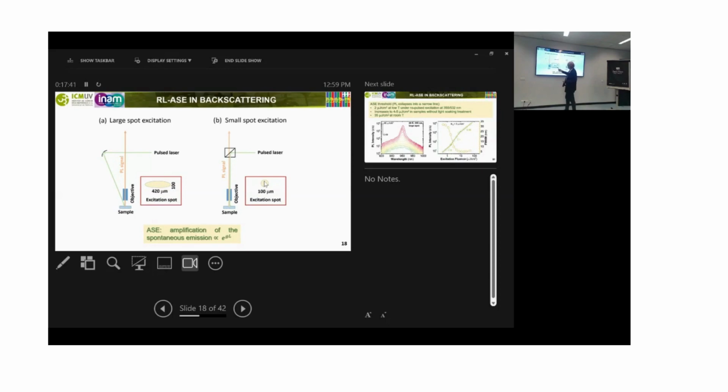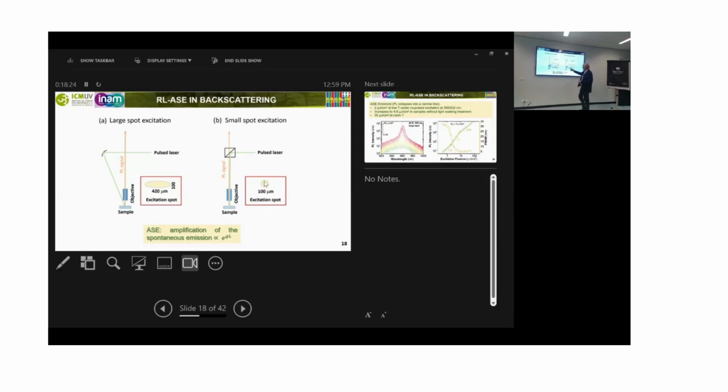It's a large excitation spot and, let's say, a short excitation spot, in order to study better the random lasing effect, or to demonstrate that we have a random lasing effect, because the amplification of the spontaneous emission is proportional to the exponential of the length of the cavity associated to the cavity that is formed by the scattering of light in different ranges of the polydispersity.